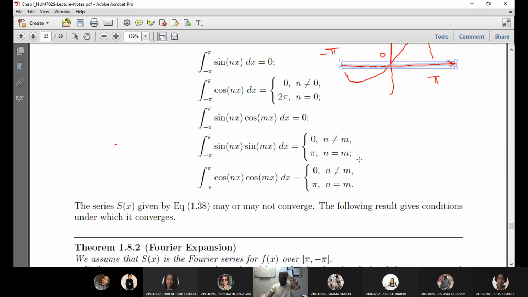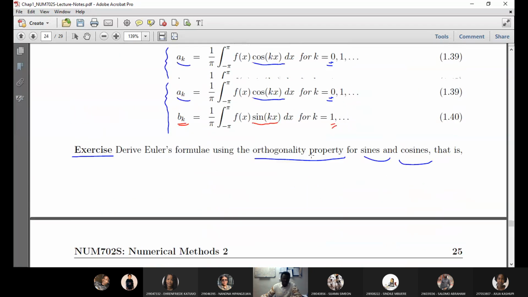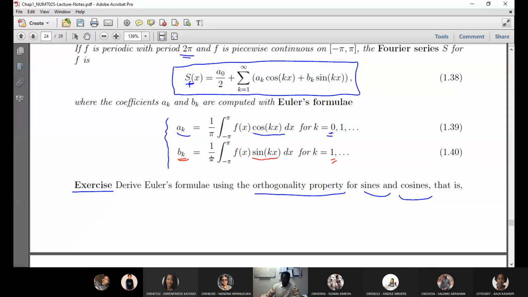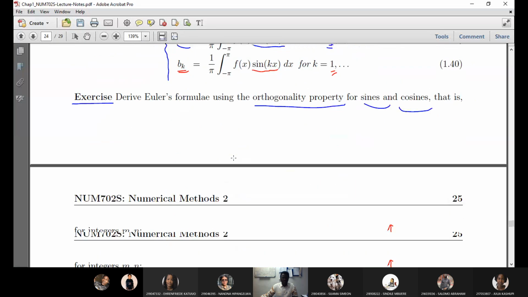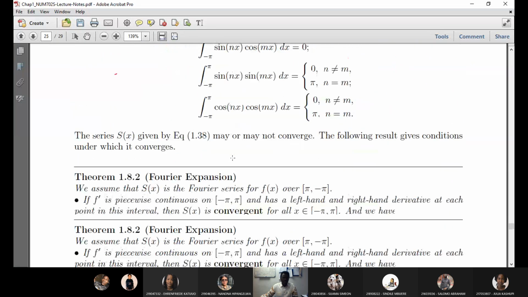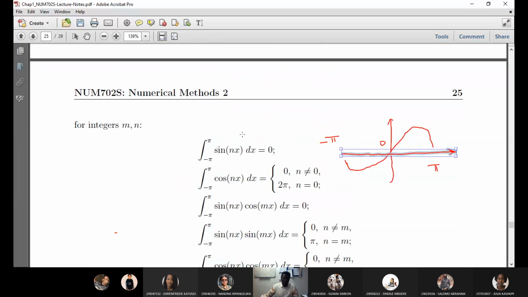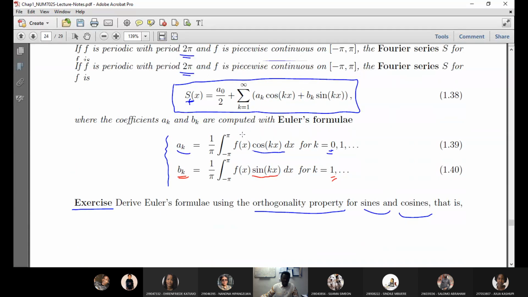And the factor will be pi, and you will divide by that pi to get this denominator. So you see that it's easy, yeah? You just use this trigonometric property in this expansion where the S is replaced with F, and then you use the orthogonality property, integrate, and that is it. You can get your AK and BKs.